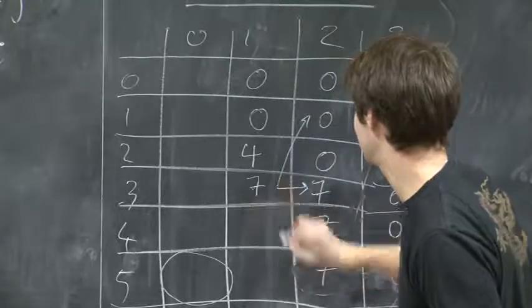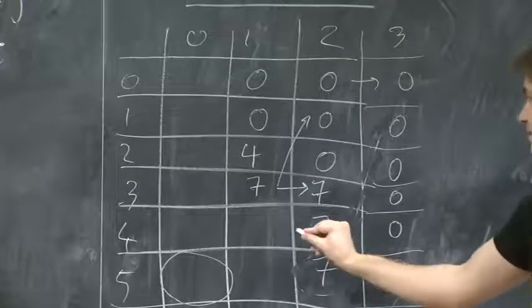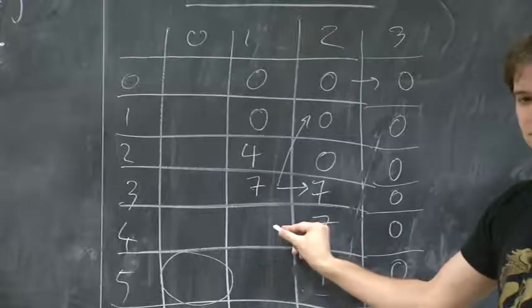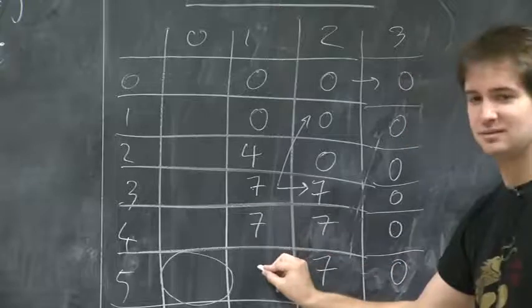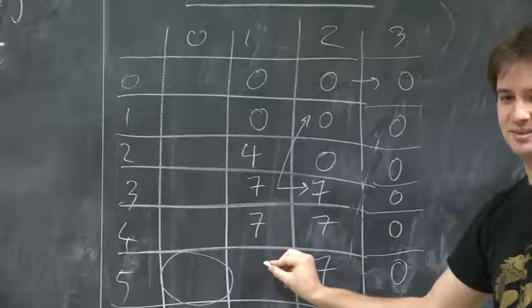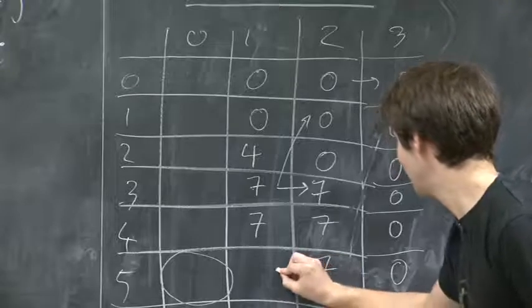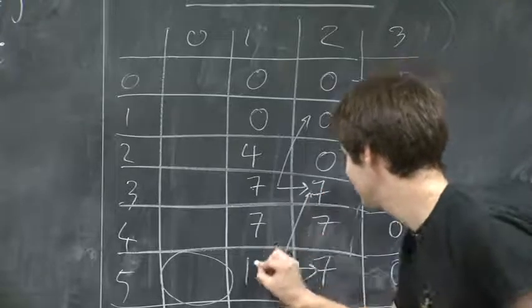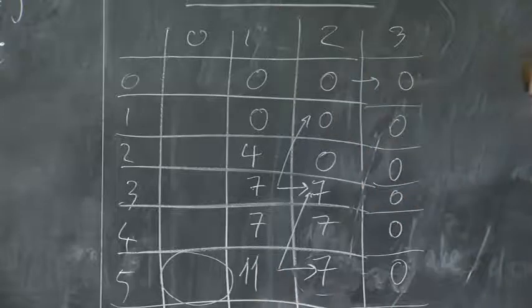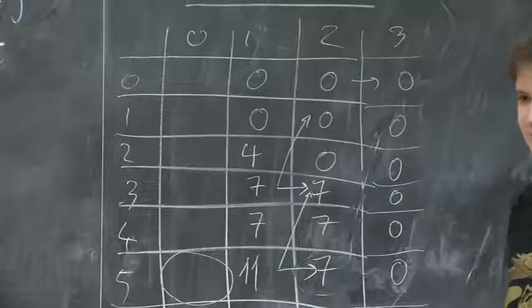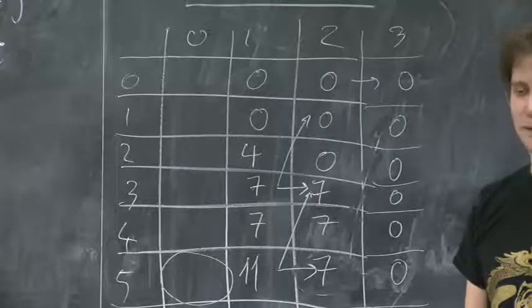So this is 7. 7. 11. 7 or 4 plus 7. OK? Does this make sense for everyone?